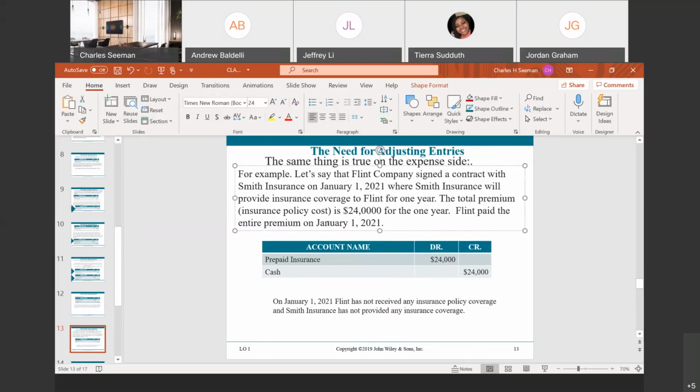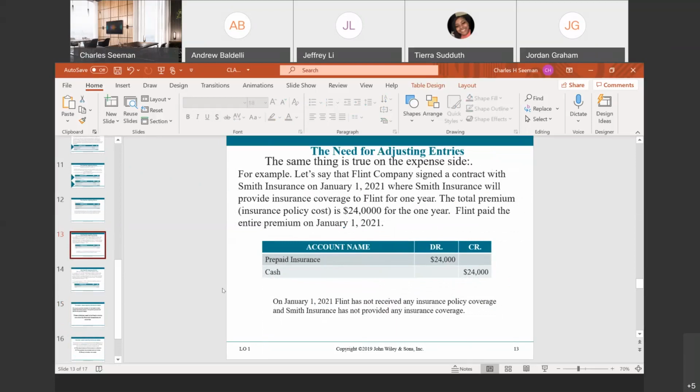Today is January 1st. It would be called a prepaid expense. I prepaid it. But it is a transaction because I gave Smith Insurance $24,000, and in return, they promised to provide me with insurance coverage.